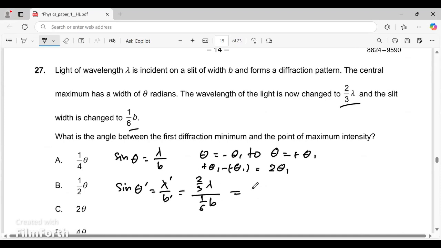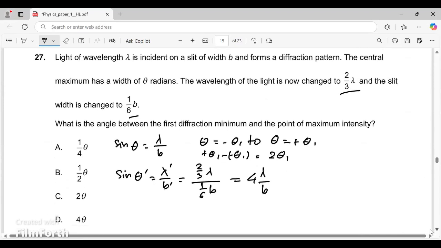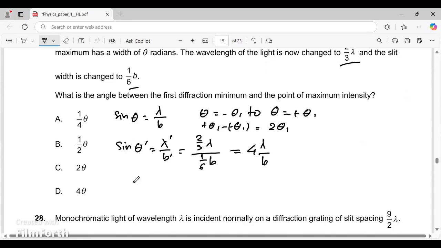If you divide, it becomes 4 lambda over b. I will scroll down first. Next, theta new equals arc sine of 4 lambda over b.